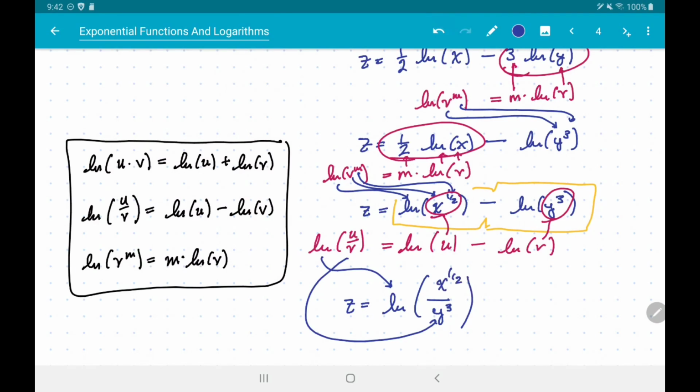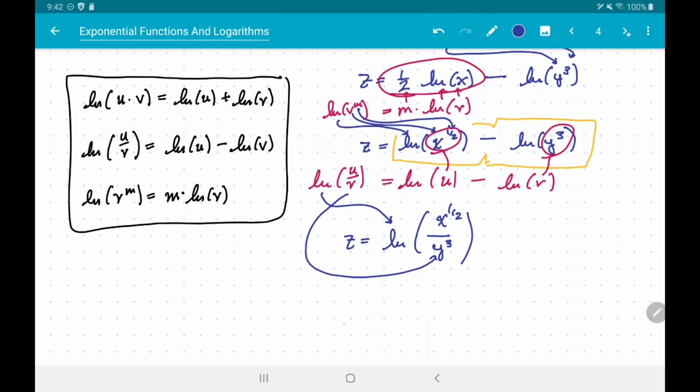So at this point, we've now pushed everything together so that z is ln of one thing, and that's it. So x to the 1/2 over y to the third, and that's our end goal. This is the kind of thing that you would be asked to do on the electronic homework.